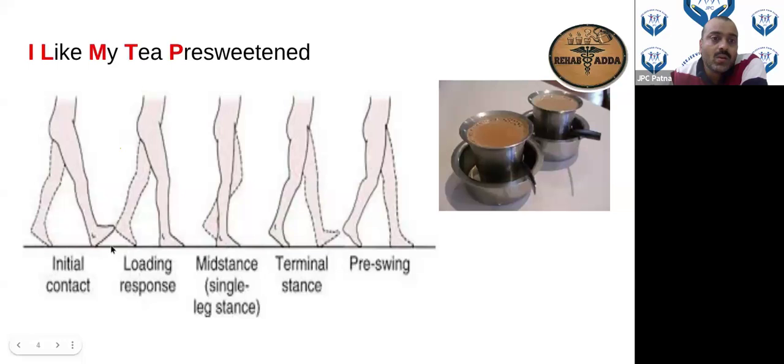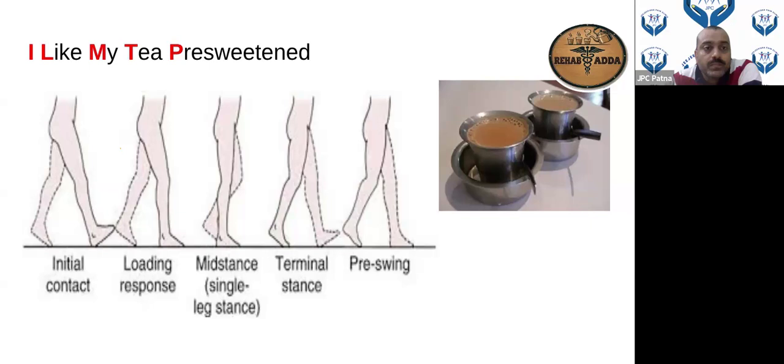It is neutral, or a little bit of dorsiflexion. So how to decide whether the ankle is in dorsiflexion or plantar flexion? It all depends on the position of the tibia, whether the tibia is moving forward or backward. If the angle is less than 90 degrees, it is dorsiflexion. If more than 90 degrees, plantar flexion.